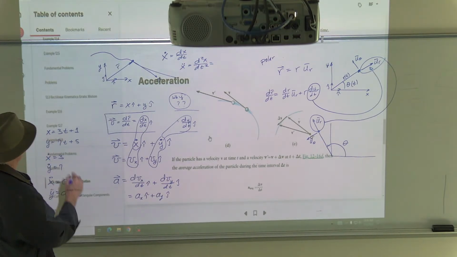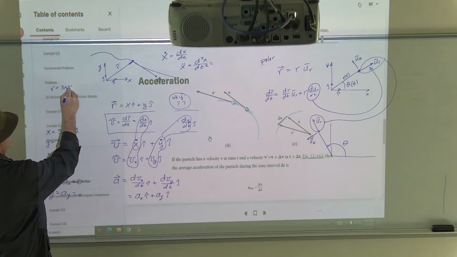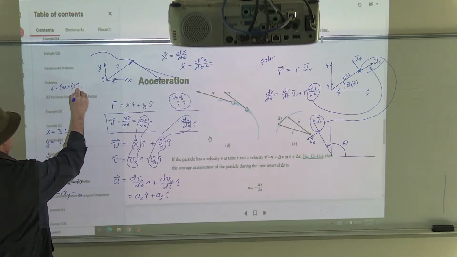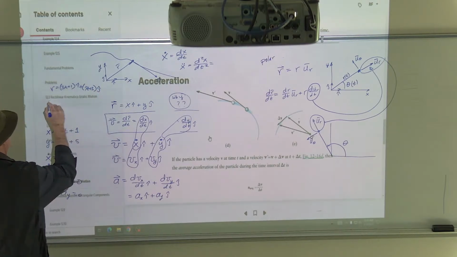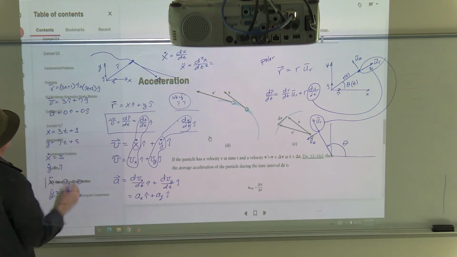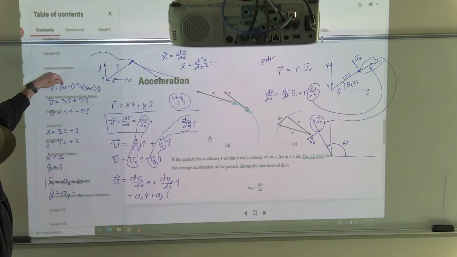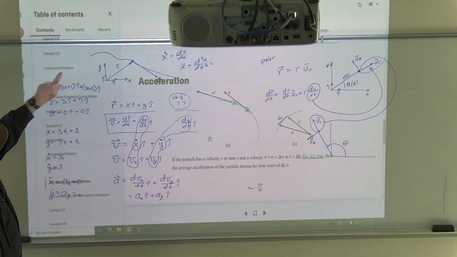So if you look at this, the r vector, which will be 3t plus 1 i plus 7t plus 5 j, the velocity is going to be nothing more than 3i plus 7j, and the acceleration is going to be 0i plus 0j. So you just take that, take its derivative, run down, take its derivative, run down, and you're done. Or you can take this and integrate it going up.